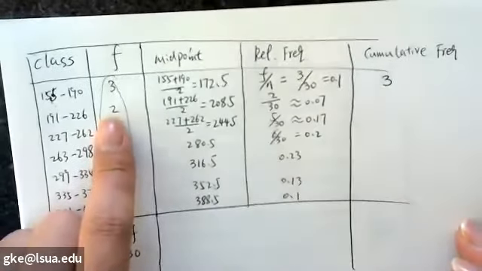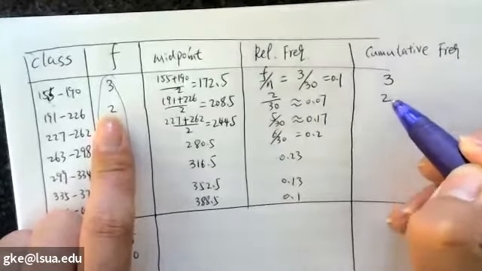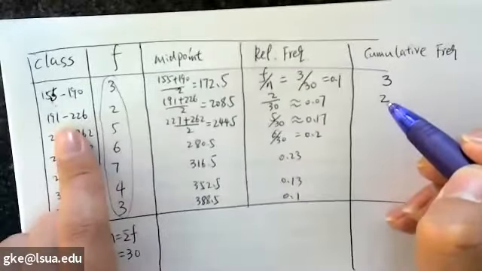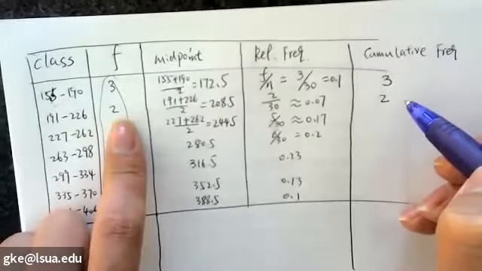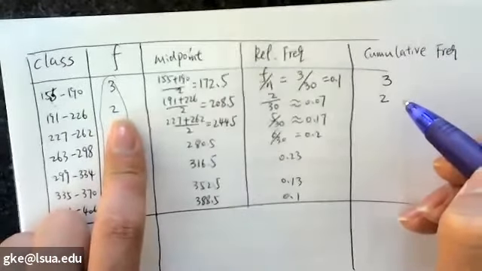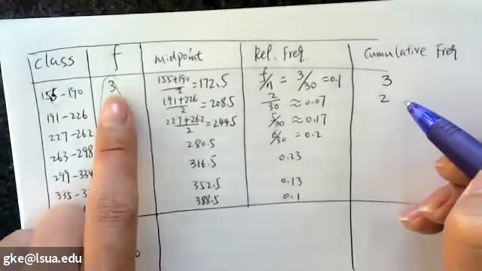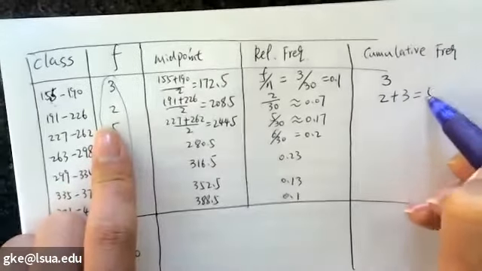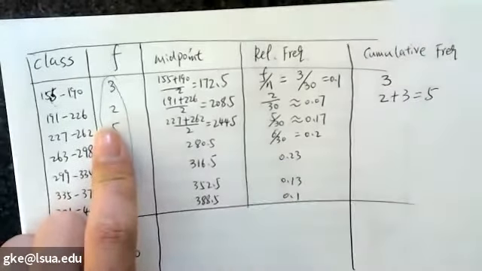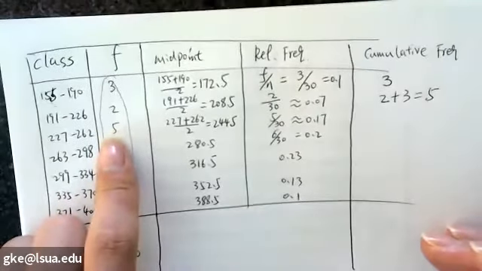Now, for the second class, the frequency should be 2, and we add all the previous classes, which is 3. That should be 5. Clear? It's cumulative.